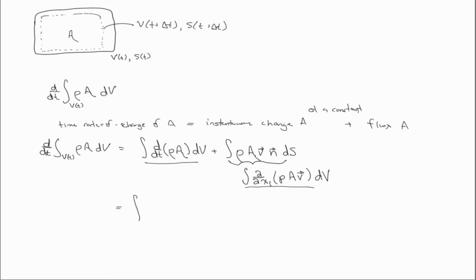Okay, so I have A d dt rho plus rho d dt A plus, now when I apply the chain rule on this divergence operator, I'm going to keep rho v grouped. There's three terms there, right? So I'm going to group rho v and act like it's one term and keep A as one term and apply the chain rule that way.